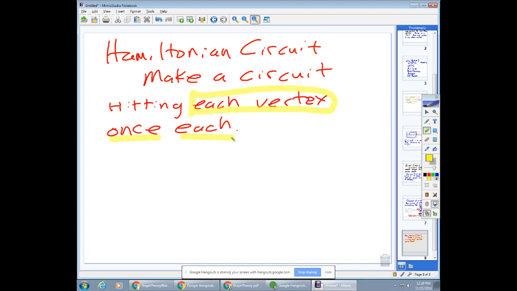Okay, so each vertex once each. And so that's what I want to mention here. Euler, Hamilton.